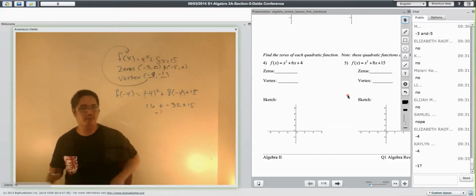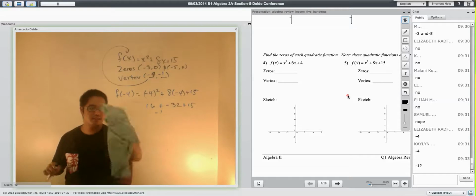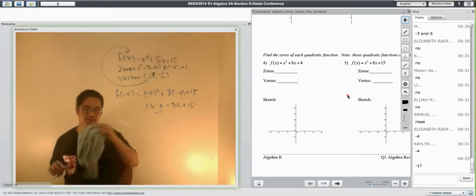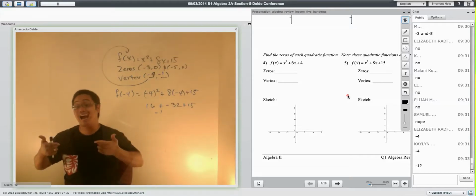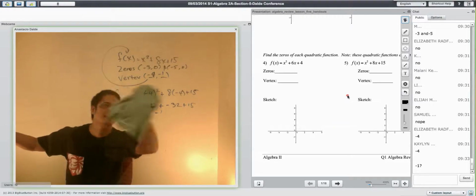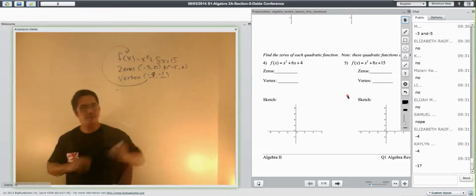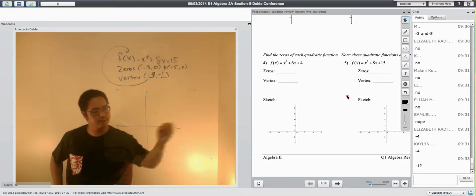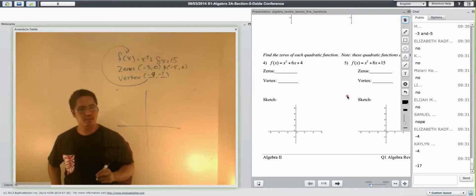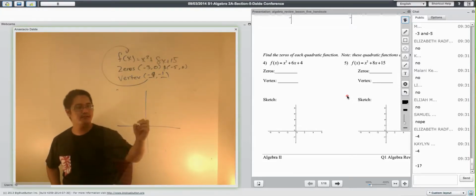If I want to graph that, then can I erase this? 3, 2, 1. Take a picture. Okay. If I were to graph that, then I would graph -3, 0 and -5, 0, and my vertex is at -4, -1, so down here.